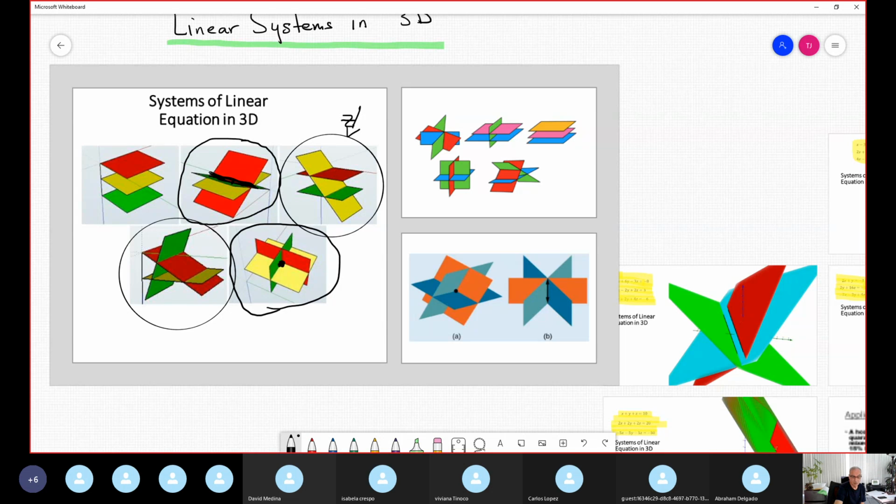Wow. I think... Well, I'm not sure, because the planes are parallel, but one of the planes goes through the line. So maybe there's one solution. I'm not sure. Okay. Another opinion. She said that she's not sure that you have a solution.